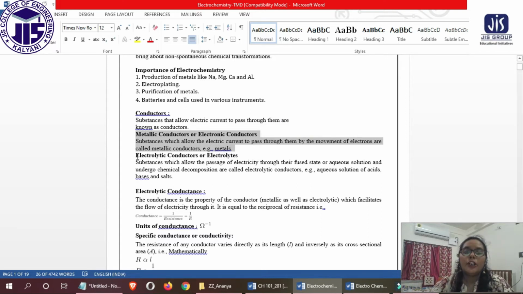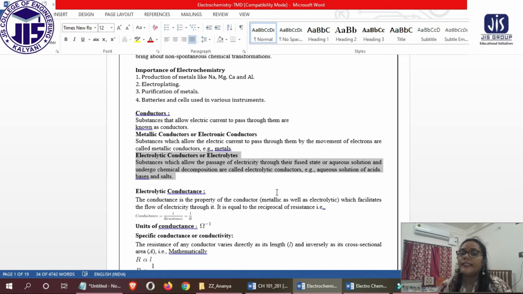Now, electrolytic conductors or electrolytes are substances which allow the passage of electricity through their fused state or aqueous solution and undergo chemical decomposition.